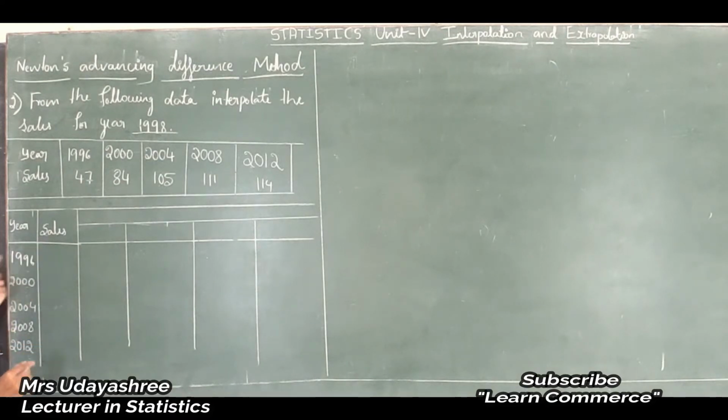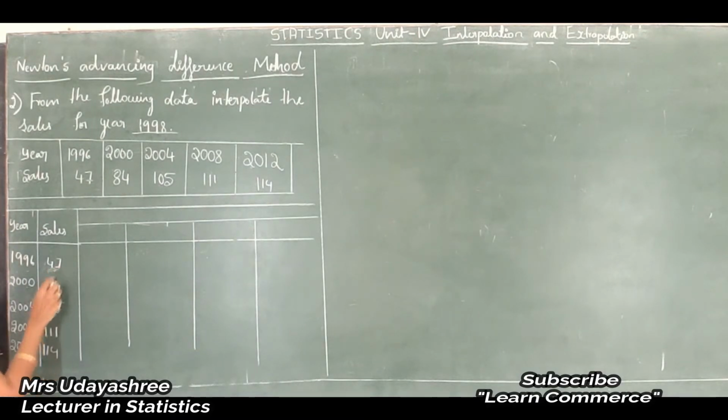And the sales observations are 47, 84, 105, 111 and 114.